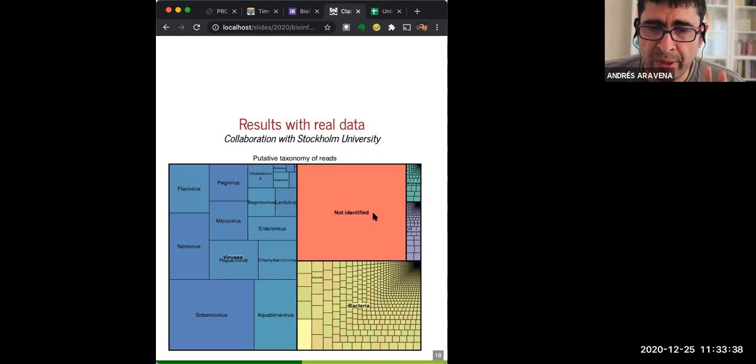Then I had a tool to make this graphic, something in R. So what we found, they gave me all the reads that they could not classify. And I applied this tool, or a tool similar to this, with a database that I essentially downloaded from NCBI, all the genomes, and I calculated the k-mers and assigned them, and I got this classification. Some of them I could not even identify. A few of them were archaea, a few of them eukarya, this part is bacteria, but we found a lot of virus.